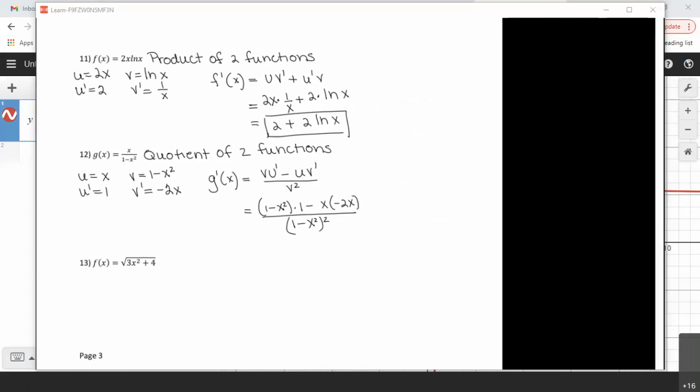And I think you can see there might be a little bit of simplification that can happen in the numerator up here. This is 1 minus x squared plus 2x squared, so this is going to give you 1 plus x squared over 1 minus x squared, squared.